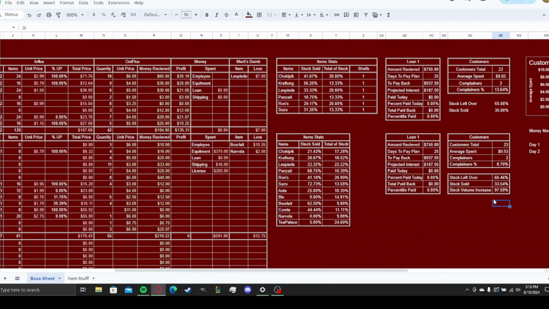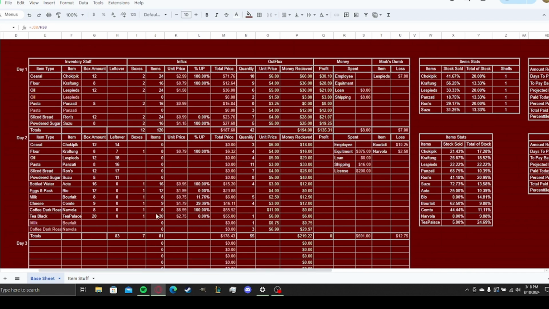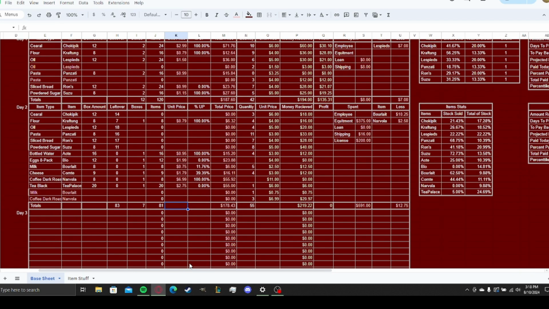Basically, what this means is that he was like one box away. I think we can actually see it over here too, right? Yes, these are the boxes it's looking at. He was 2 boxes away from pretty much doubling his stock for the day, and he only sold about 2/3, I'd say roughly, of what he actually ordered that day.